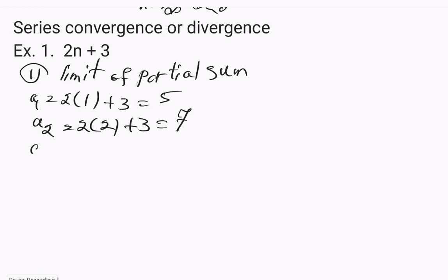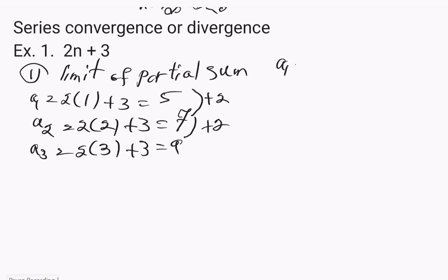And a sub 3 equals 2 times 3 plus 3 equals 9. So we are going from 5 to 7 to 9, adding 2. So it's an arithmetic sequence with a sub 1 equals 5 and d equals 2. Now we know the type of sequence.